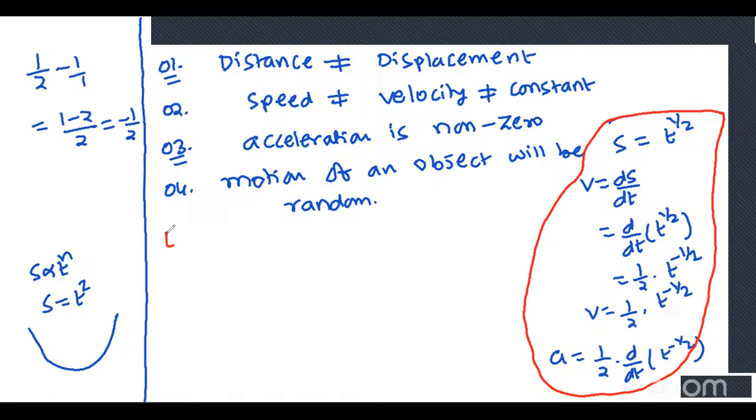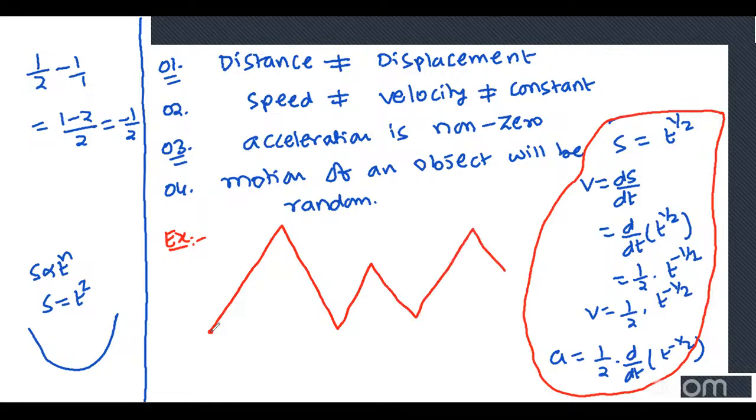This is random motion. Suppose, for example, a person is climbing up a mountain and coming down, and again like this. While moving up, velocity will decrease. While moving down, velocity will increase.